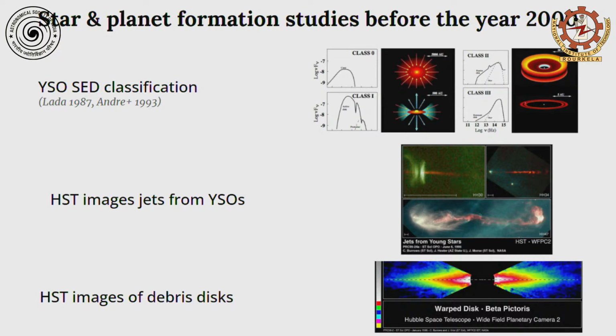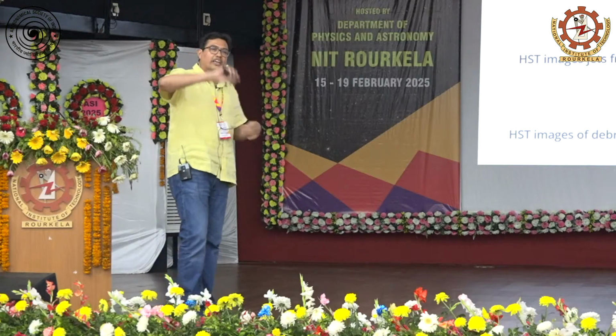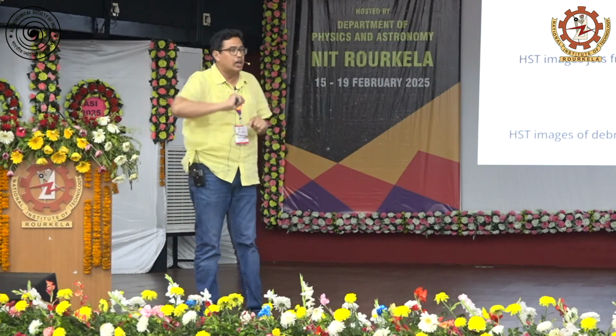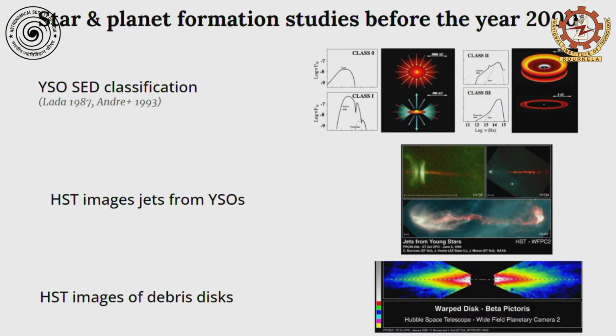By the 80s, millimeter and submillimeter observations had already seen outflowing material from young, forming stars. And we had already known about the SED classification system, the famous class 0, class 1, flat spectrum. By the 90s they were in place, and even the protostellar phase itself was classified into various evolutionary schemes.